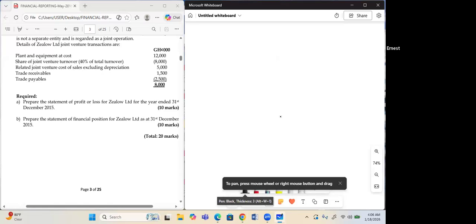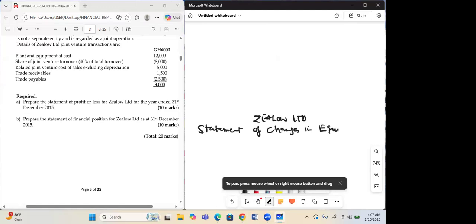Then you also start a title, Zelo Limited. Then you put a statement of changes in equity for the year ended 31st December 2015.